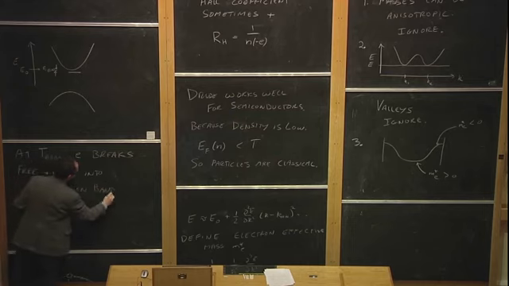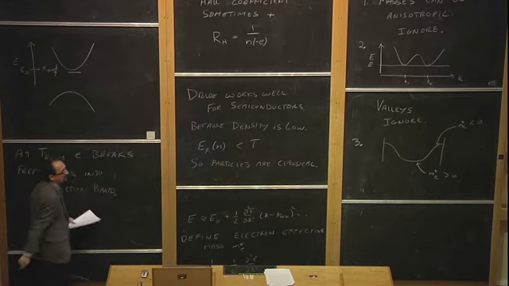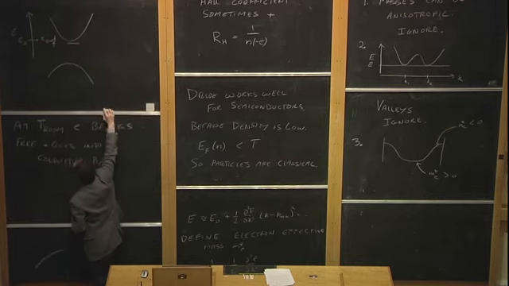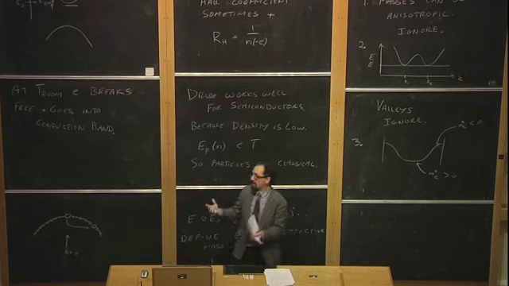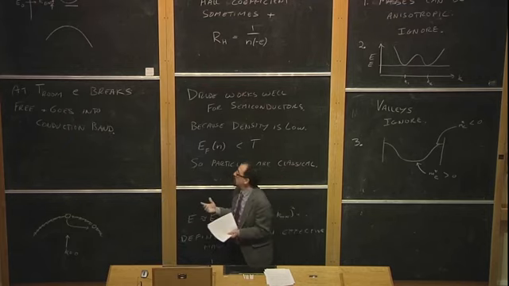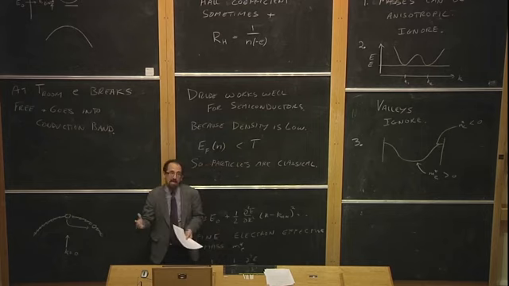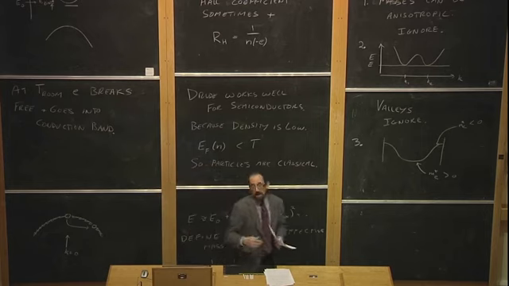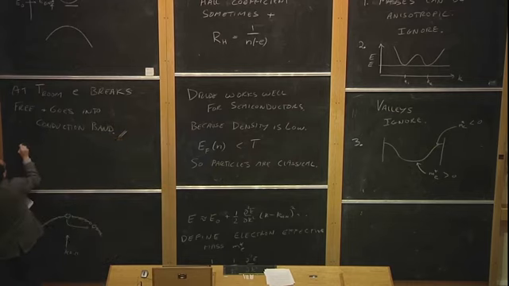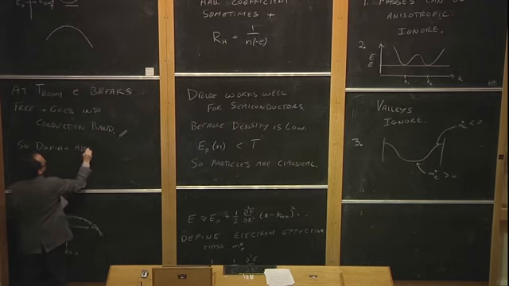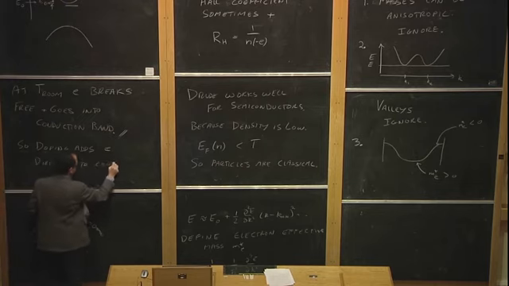And this is why, when we add phosphorus dopant to silicon, we really should just think, at room temperature or a higher temperature, about this as directly adding electrons into the conduction band. So doping adds electrons directly to the conduction band.